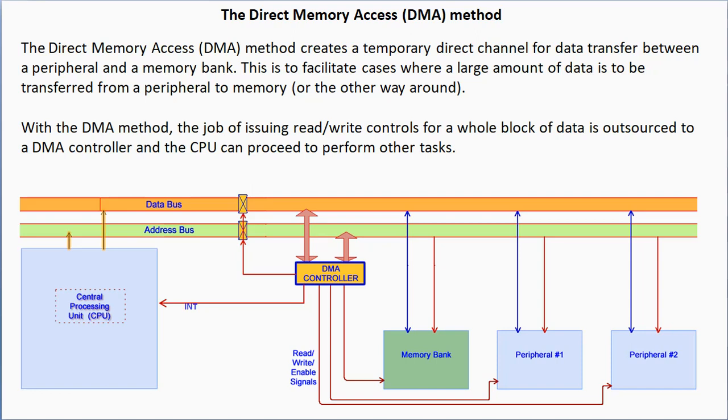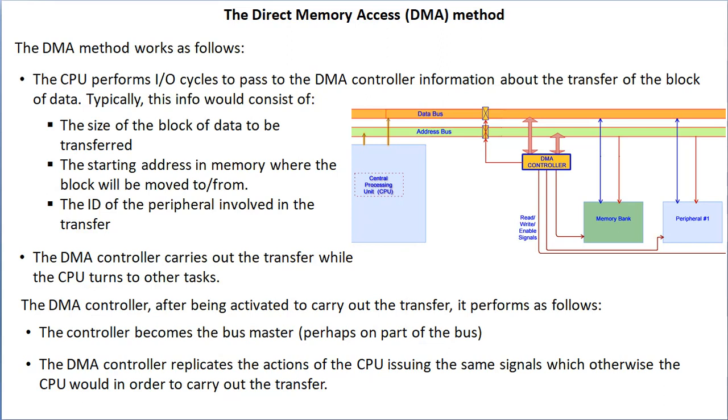With the DMA method, this intermediary job is outsourced to a DMA controller, and the CPU can be free to proceed and perform other tasks. So how does the DMA method work? First, the CPU performs I/O cycles to pass information about the transfer to the DMA controller. Typically, this information will consist of the following.